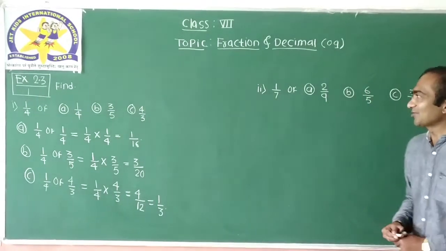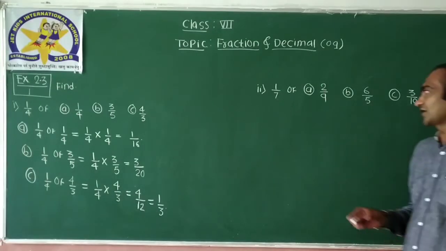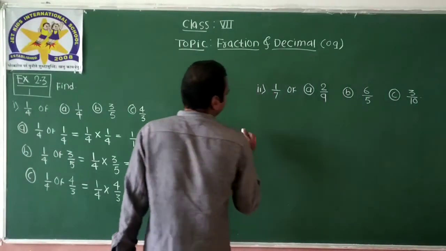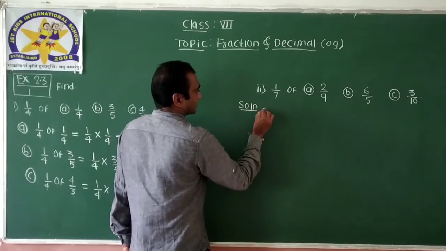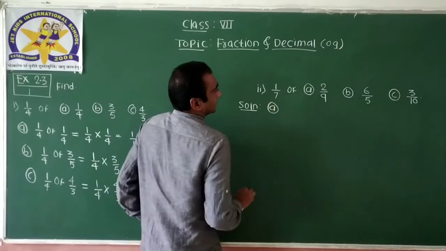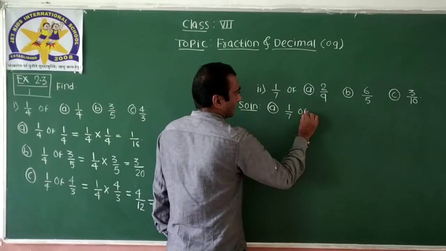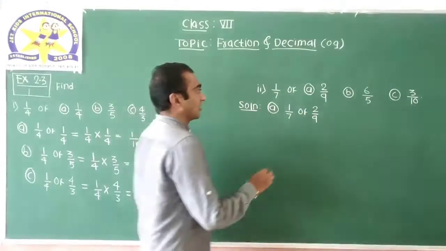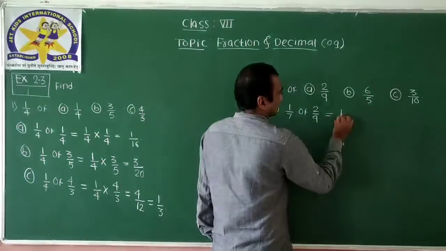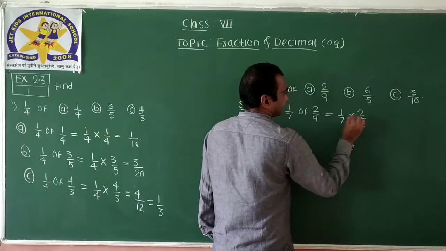Okay. Now see question number second of first. Now we have to find out in this question. First of all, the solution. We simplify a question. We have to find out 1/7 of 2/9. 1/7 of 2/9 is equal to 1/7 multiplied by 2/9.